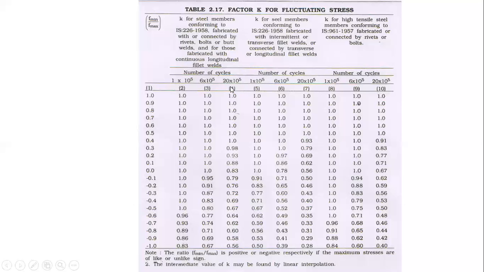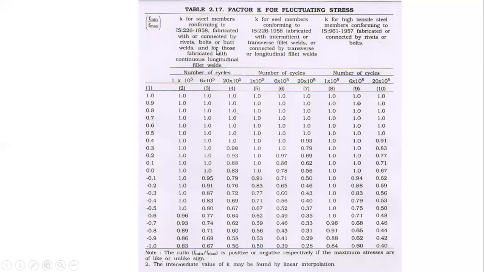Suppose the member is subjected to only tension, fluctuating between minimum and maximum but both tension values, then we take fewer cycles, that is 6 into 10 power 5. And we will use only the first three columns.